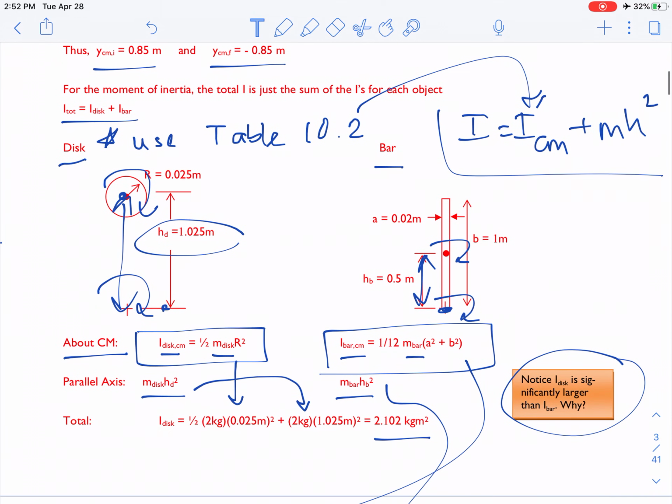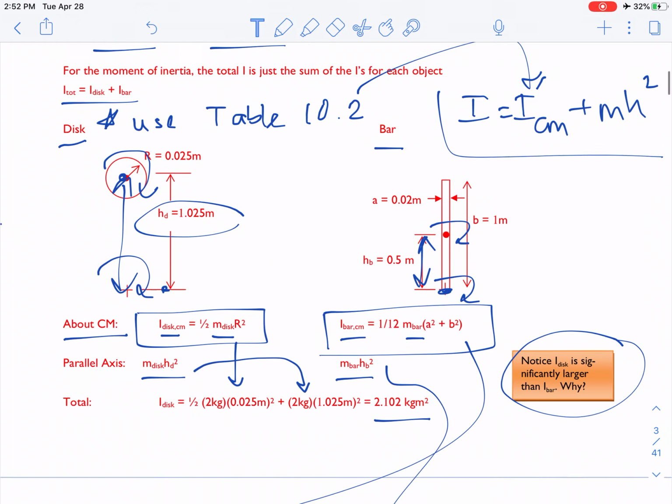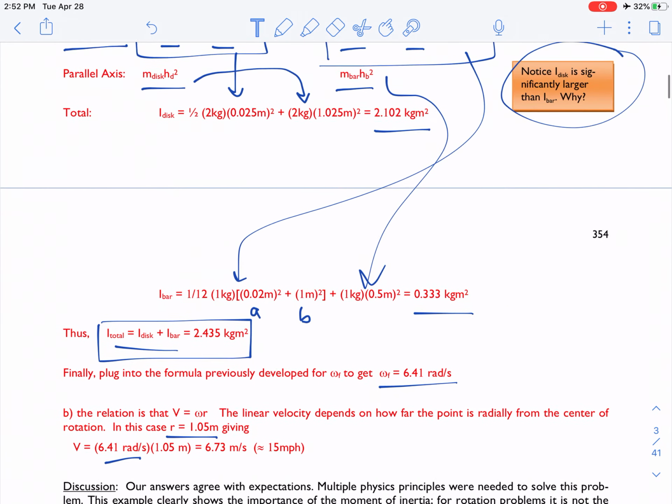We needed to apply also the parallel axis theorem as we have in this equation here, and we had to do it for both of them because it wasn't exactly matching what we have on table 10.2, but it was possible to use the parallel axis theorem to get those inertias, as we did. And yeah, the last thing was just finding the tangential velocity.